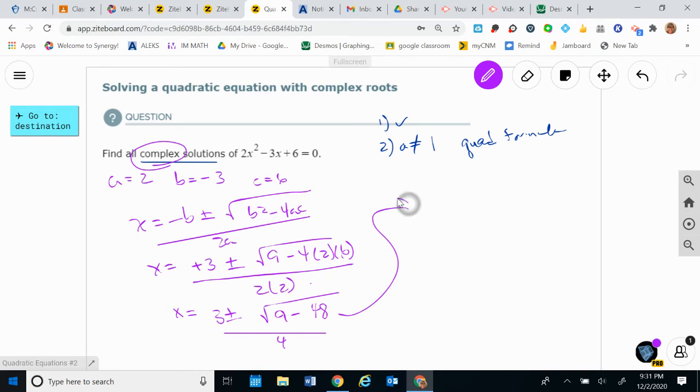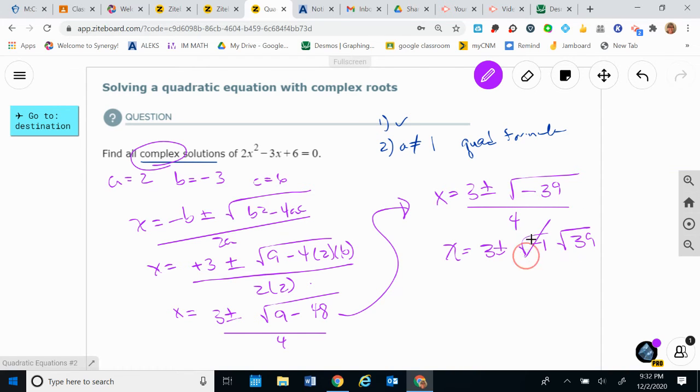So x is equal to 3 plus or minus the square root of 9 minus 48, which is -39, all over 4. And then if you know imaginary numbers, the square root, you'd break that up into -1 and 39, and that is i, all over 4.